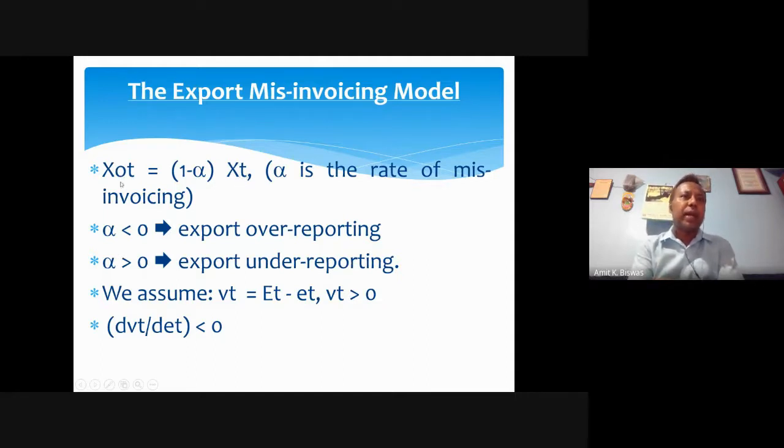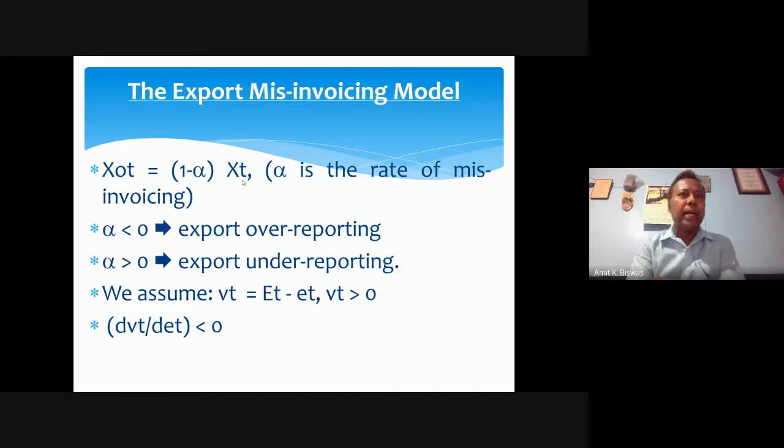So here XOT is the officially reported export, the export that Tanushree makes. Tanushree's export, it is 800, and this is 1000, the example that we had in the build-up story.